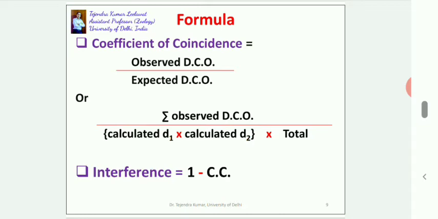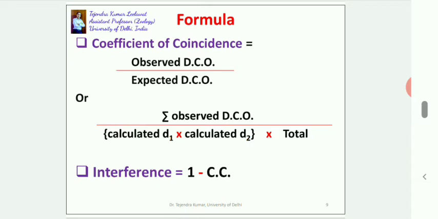Suppose there are two double crossovers, then you total them and divide by the expected, calculated from the differences between one set of genes and another. Multiply both these differences, multiply again with the total, and then divide the double crossover summation by this value. So it will give you the coefficient of coincidence.